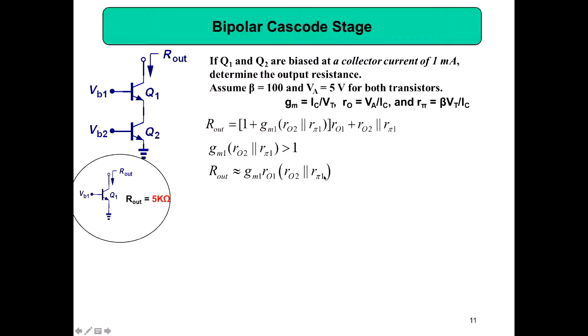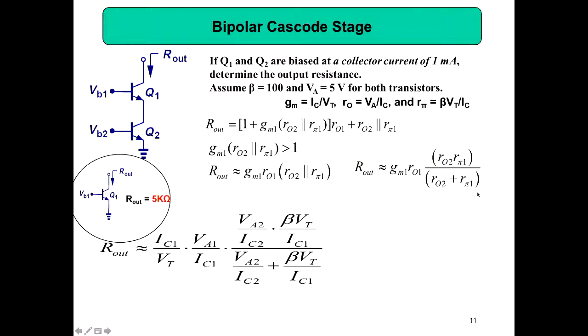Now how will you find it? Rout equal to GM1 RO1 times (RO2 parallel R pi1), where RO2 parallel R pi1 means RO2 times R pi1 divided by RO2 plus R pi1. Then you substitute all the values: GM1 is IC1 by VT, RO1 is VA1 by IC1, RO2 is VA2 by IC2, and R pi1 is beta VT by IC1.